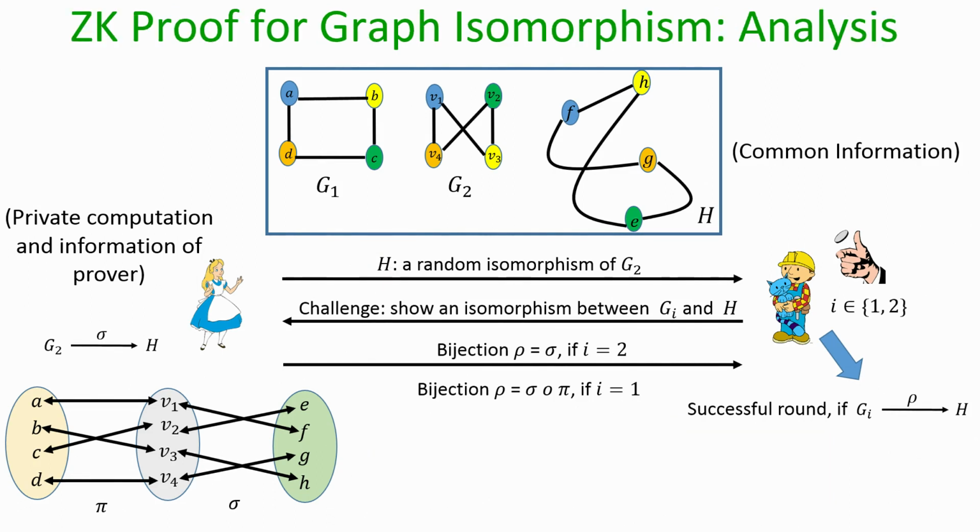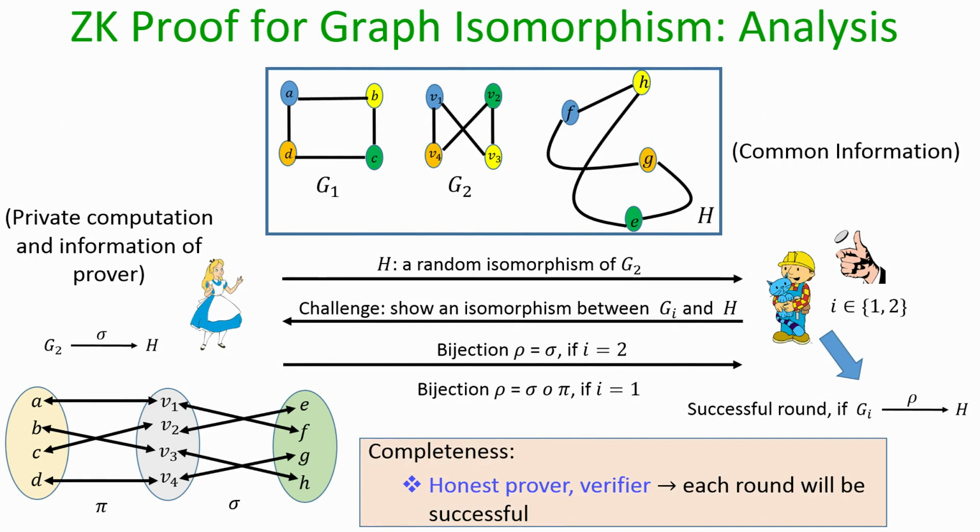Let us see whether this graph isomorphism protocol satisfies the 3 requirements of correctness, soundness, and zero knowledge, or completeness, soundness, zero knowledge. So, the completeness property or the correctness property is straightforward.